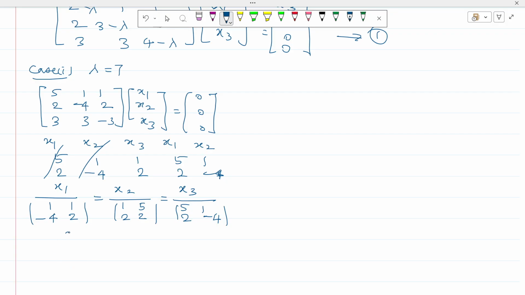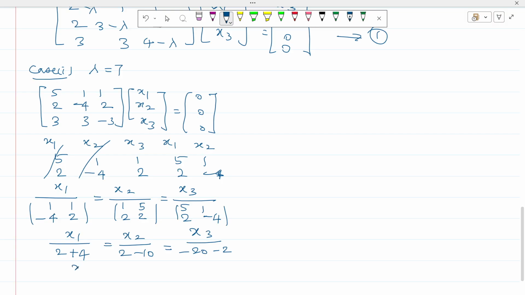From this we can find x1 is 2 plus 4, x2 is 2 plus 10, x3 is 20 minus 2.